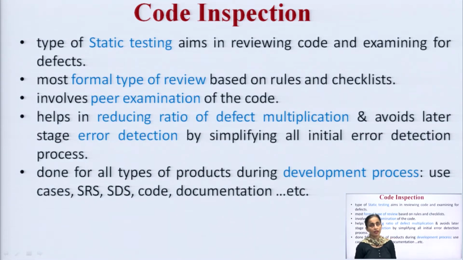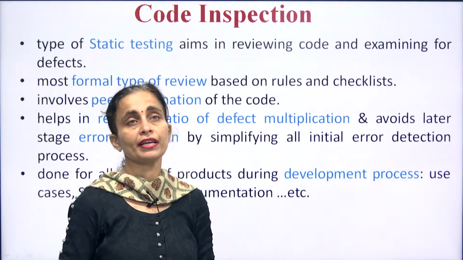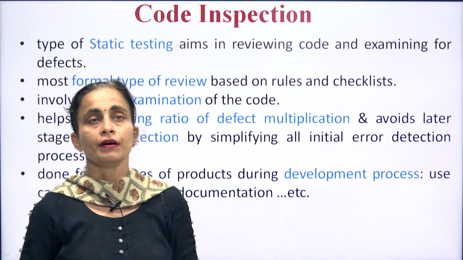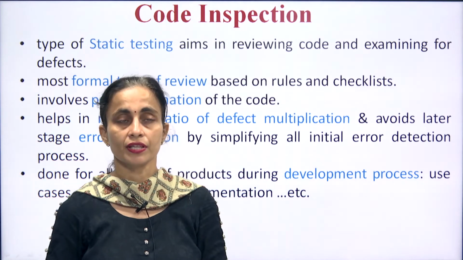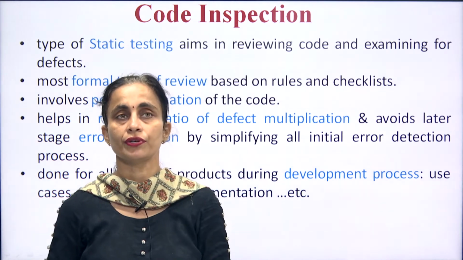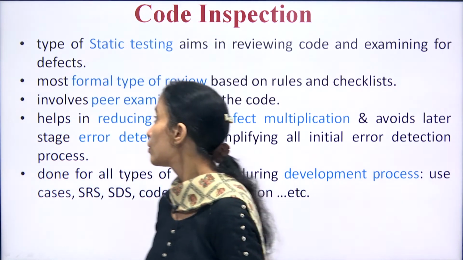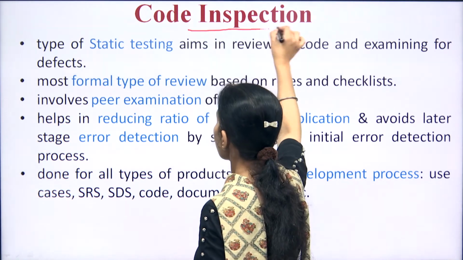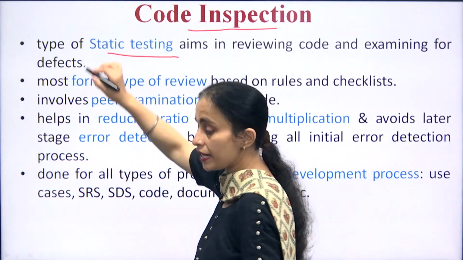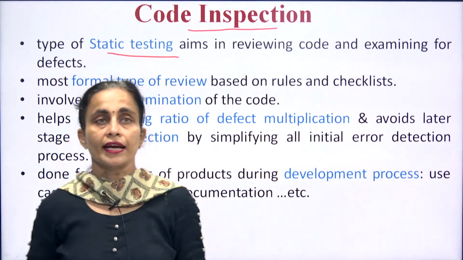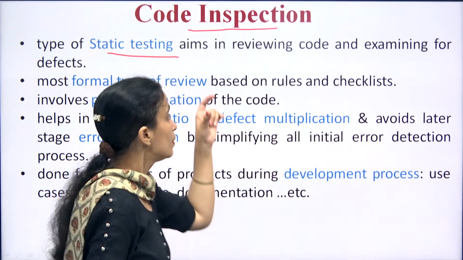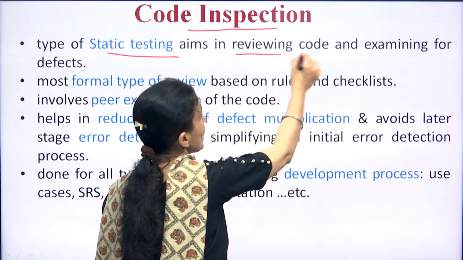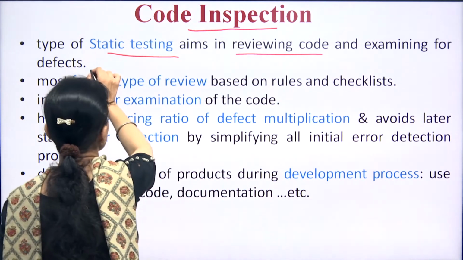This rework can be reduced by making an effort with the code inspection technique, that we are going to discuss in this lecture. Code inspection technique is defined as a kind of static testing. The aim of this static testing is to review the code and examine it for further defects.